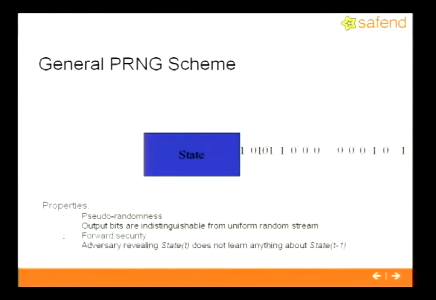A second important property that we usually seek in cryptography and in security systems is that once we break into the machine, we don't want to be able to trace back past secrets or past keys. That's called forward security. The fact that once we break in, the history remains secure.